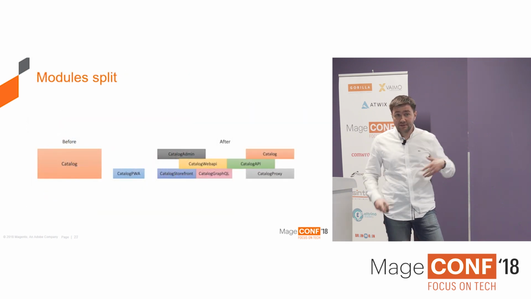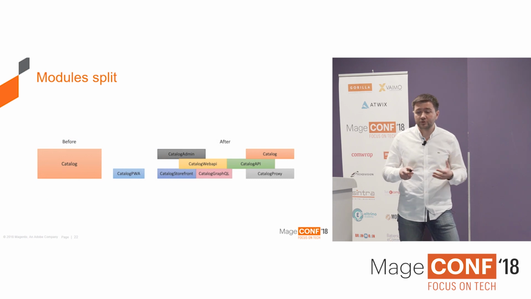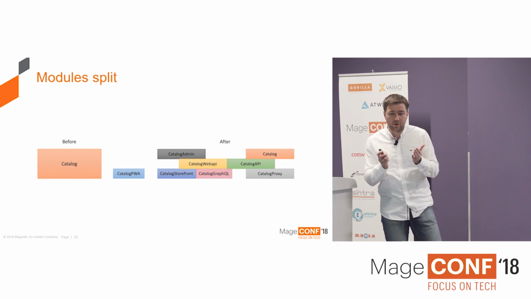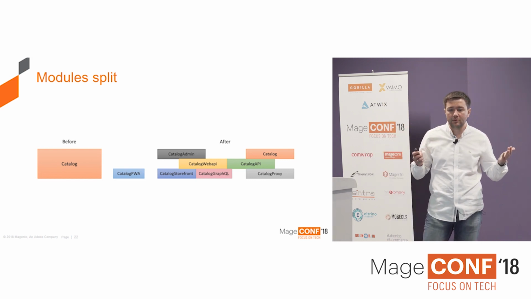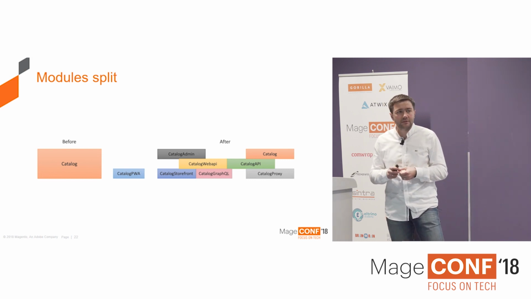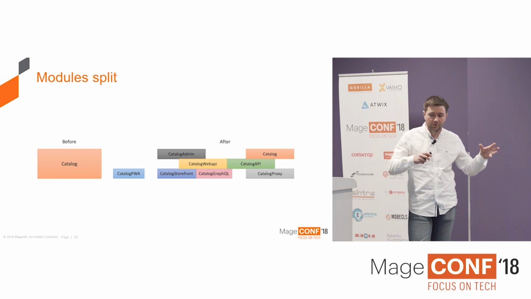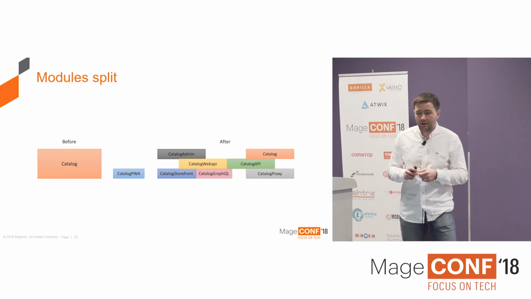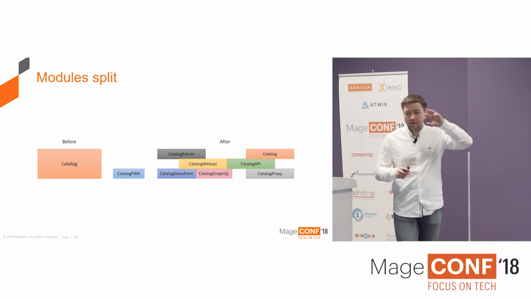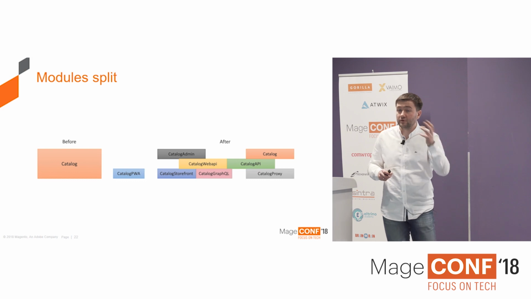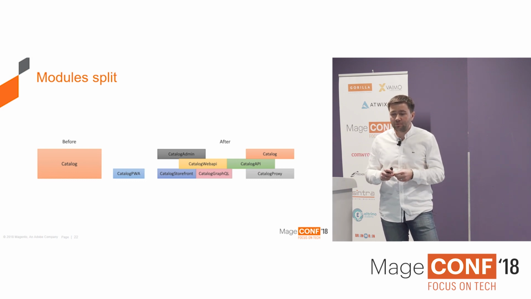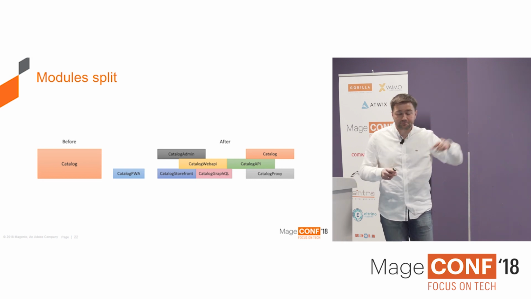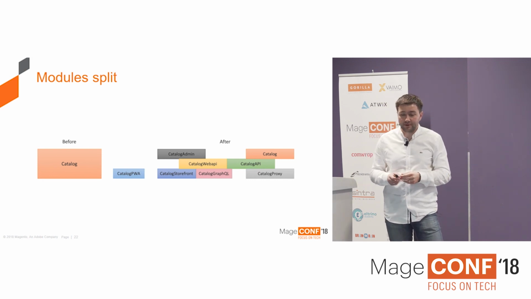And that's why we are making our modules more granular. For example, we now have a monolithic module catalog, but it is supposed to be split into many blocks responsible for a particular area. There are going to be an admin endpoint, a front-end endpoint, an entry point for GraphQL, and an API segregation here.